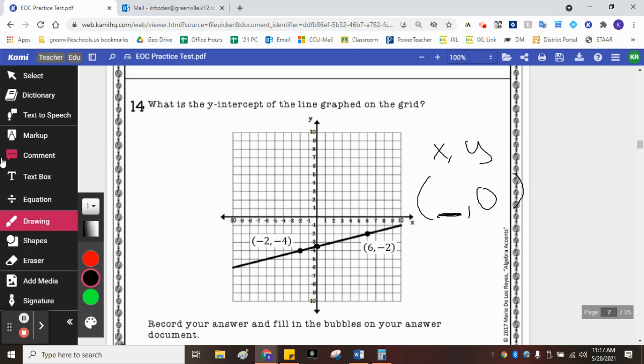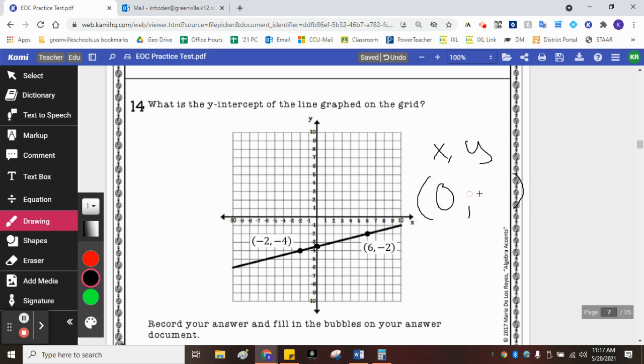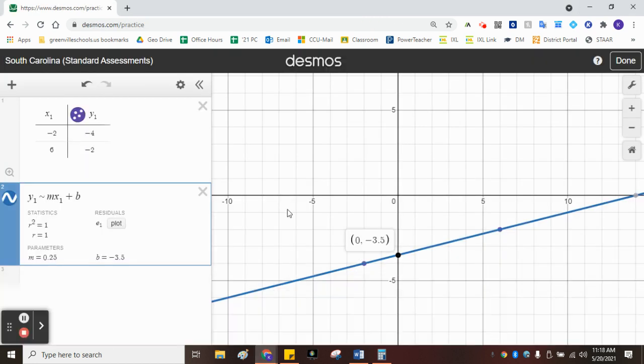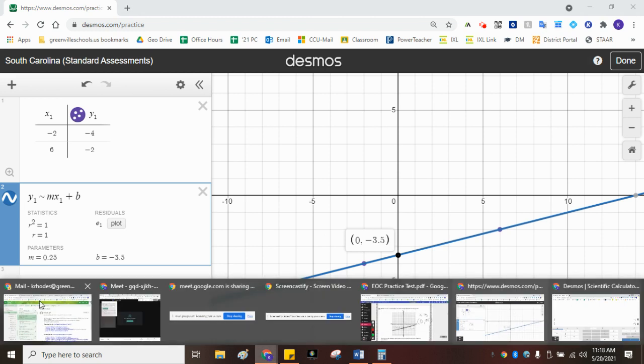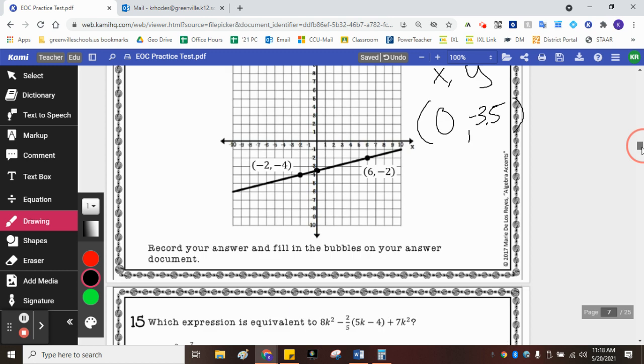Oh, I have my 0 in the wrong spot. My bad. 0, -3.5. I've never seen the EOC this easy about being able to do this. If you know how to do this, you're going to answer like half the questions this way. If you have questions on this, please get a hold of me. Please, please, please. Keep going.